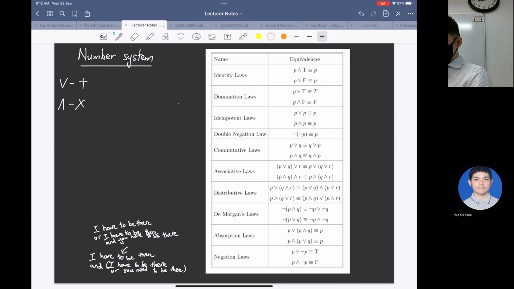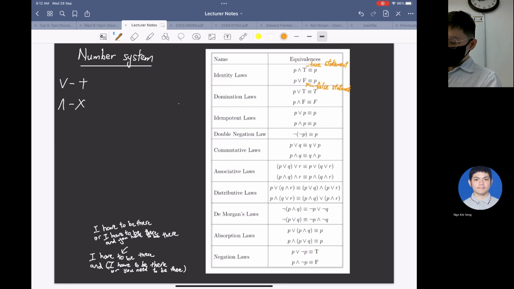And then in this identity law, when you take a conjunction with a true statement, T is always a true statement, and F is always a false statement.